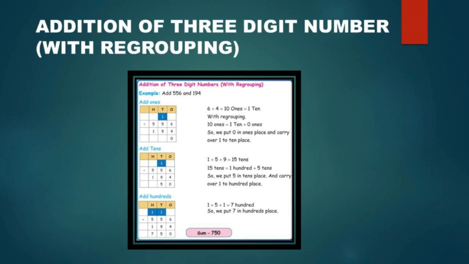Now we are going to add in tens place. 1 plus 5 is 6. 6 plus 9 is 15. Then 5 must be in tens place and carry over must be in hundred place. And last we are going to add hundred place. 1 plus 5 is 6. 6 plus 1 is 7. Then the answer is 750.